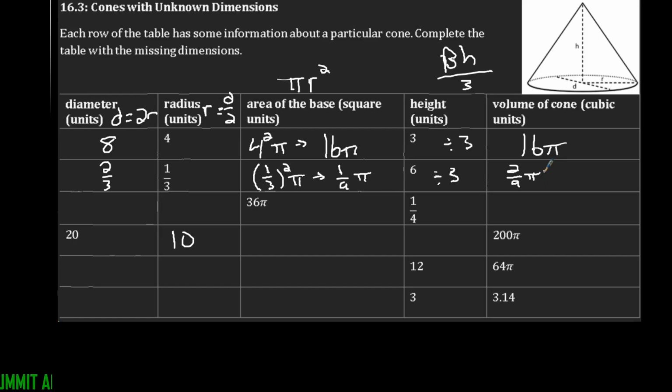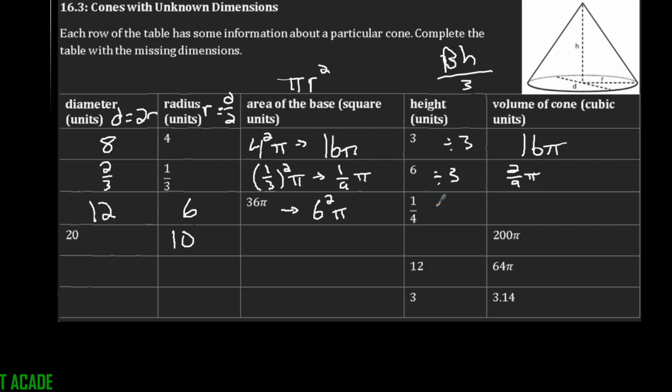All right, so now what happens if they give us the area of the base? If they give us 36 pi, I can change that into our radius squared. That's the same as 6 squared times pi. So our radius is 6, and our diameter is 6 times 2, which is 12.